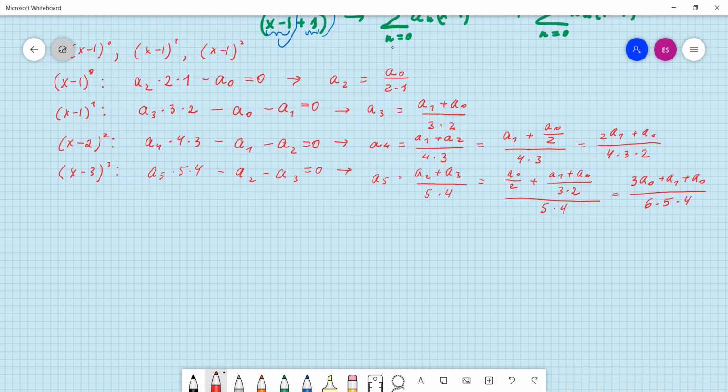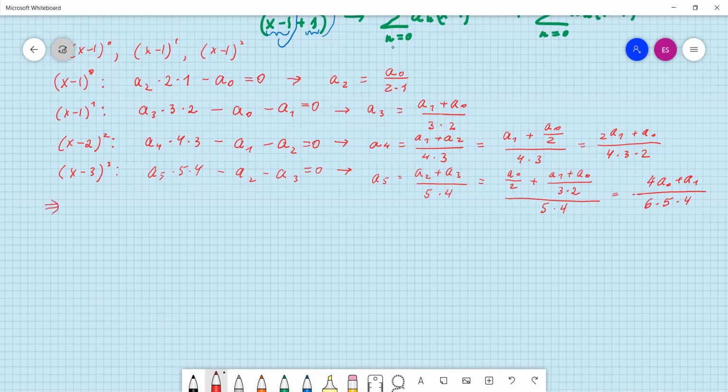Maybe, guys, I don't want to copy everything. I'm just going to combine a0 and this a0 together, the 3 of them and just 1 of them. I'm just going to erase this 4 and this 3 and write down 4. And then we don't need this. Oh, maybe I should erase the whole thing. 4a0 plus a1.